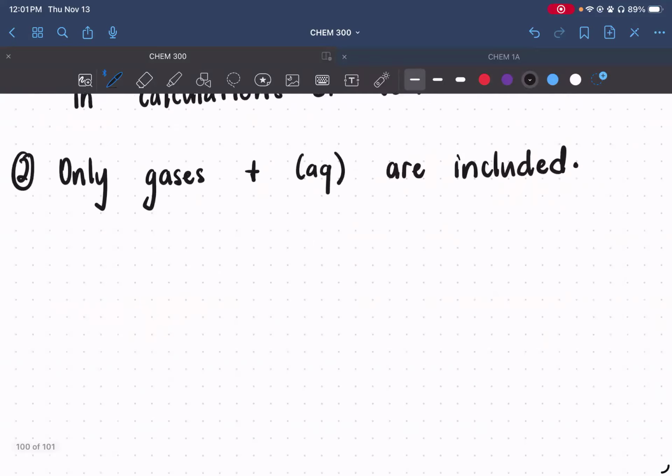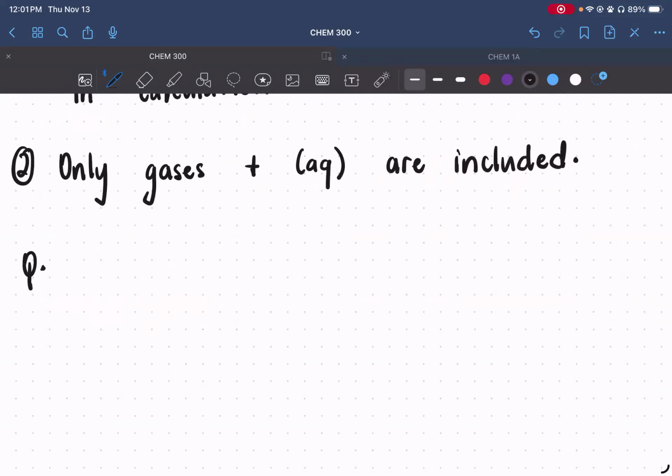Here's another question. Here we have the breakdown of carbon monoxide into solid carbon and carbon dioxide.